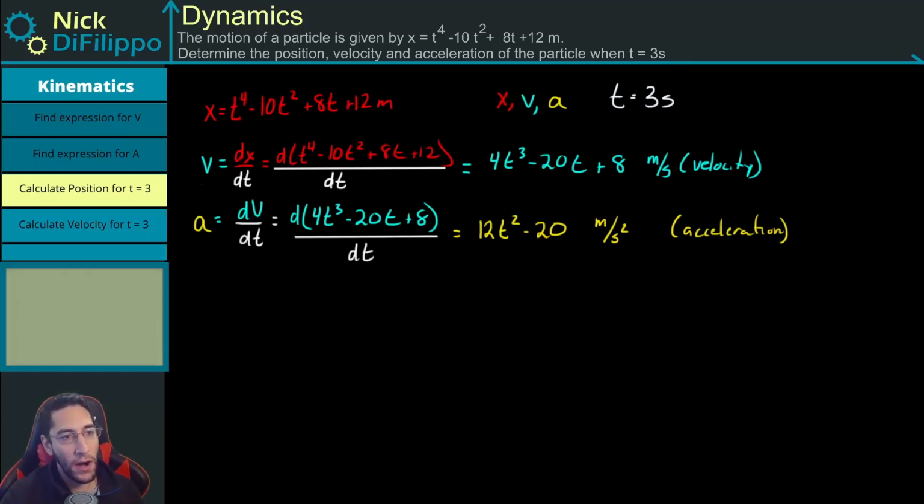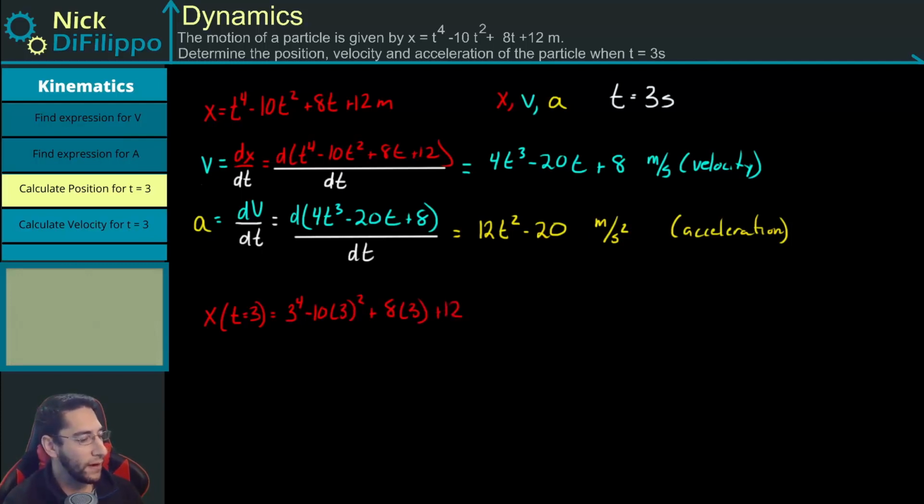So for our position x, when t is equal to 3, this is going to be equal to 3 to the fourth minus 10 times 3 squared plus 8 times 3 plus 12.